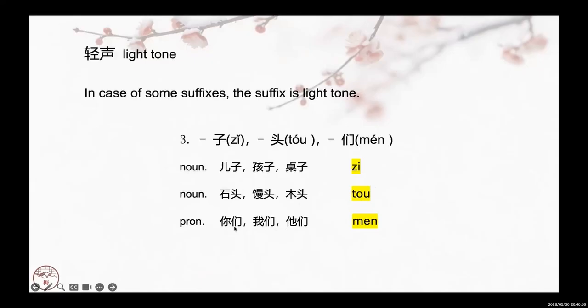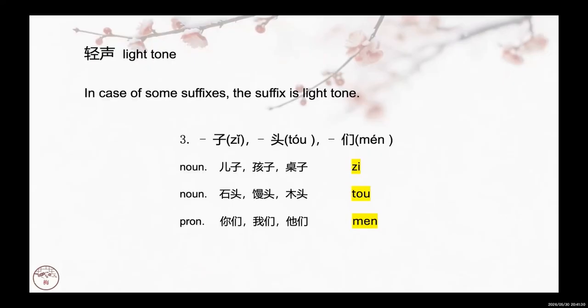We would say them with the lighter tone on 们. So just remember these three typical suffixes 子, 头, 门. When they come as the suffix of other characters, they usually are pronounced in the lighter tone.